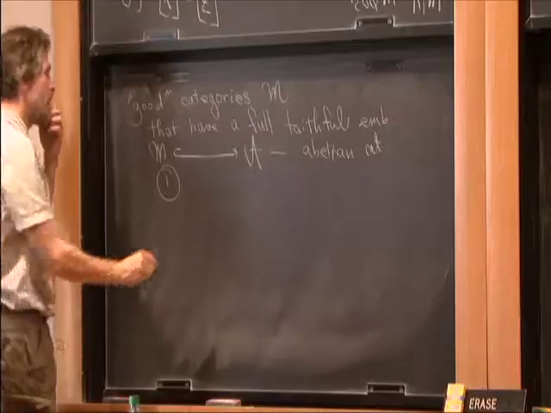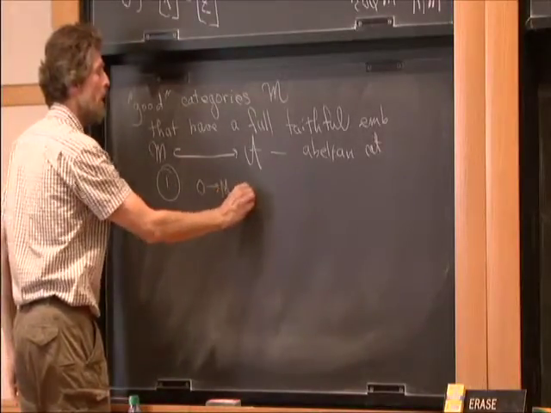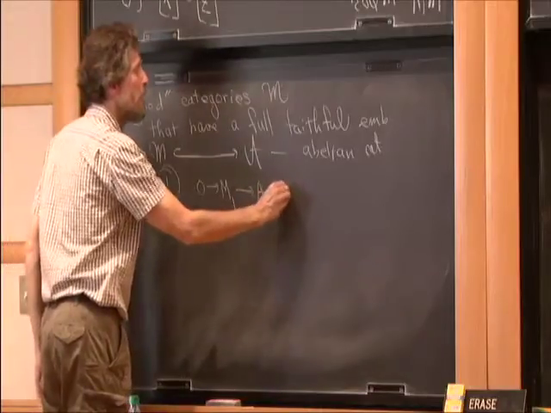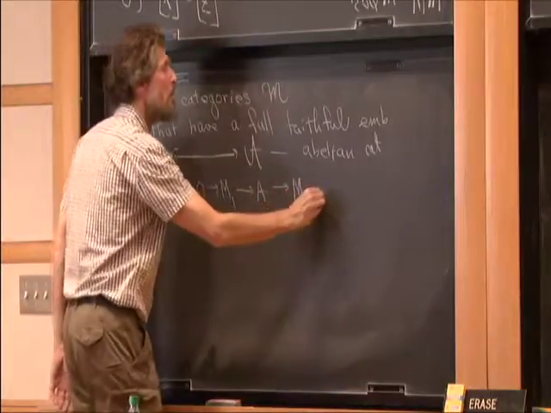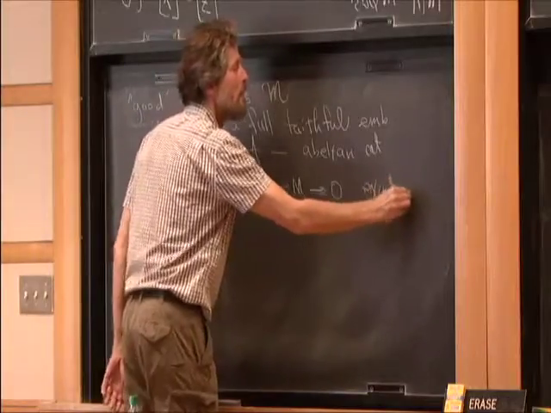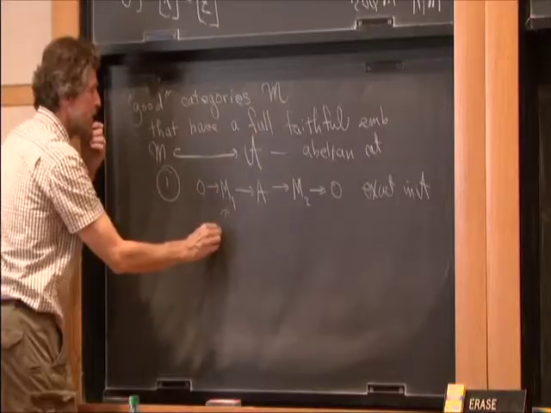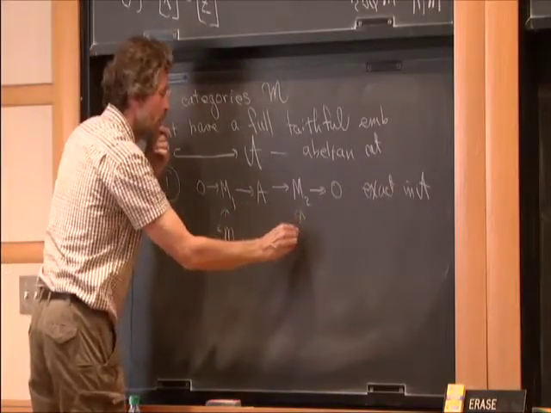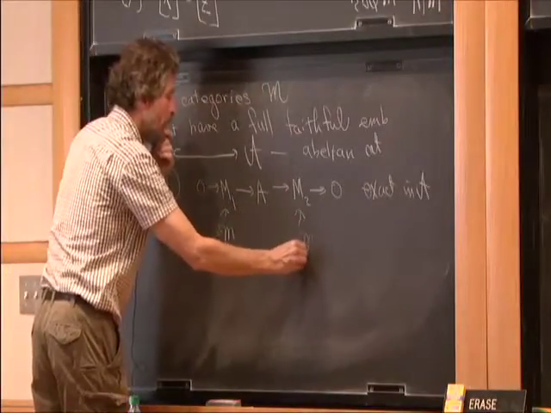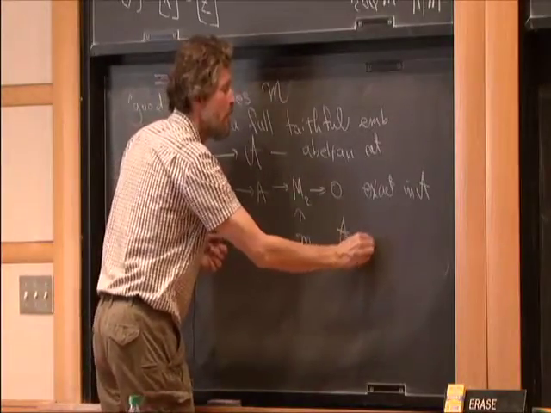Property one is that if you have a sequence 0 to M1 to A to M2 to 0, which is exact in A, and these objects are in the subcategory, then A is isomorphic to an object of M.